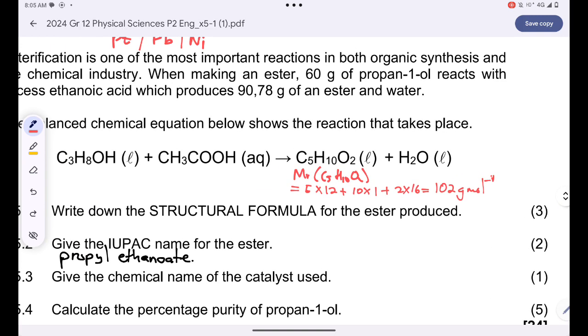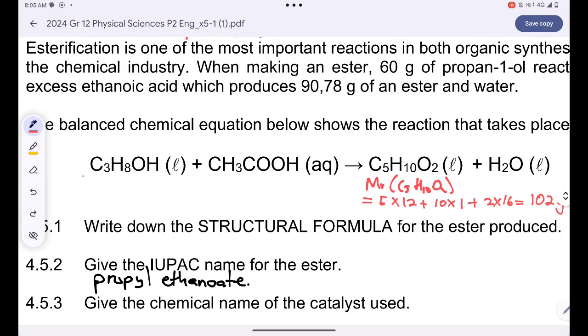I'm just finding the molar mass, guys, because I will definitely need to find the number of moles for both my alcohol and ester. So the molar mass for my alcohol, which is C3H7OH, is basically 3 times the number of carbons. Carbon is 12, right? And then for hydrogens, I have 9 hydrogens, it's 8 plus 1, that's 9 hydrogens.